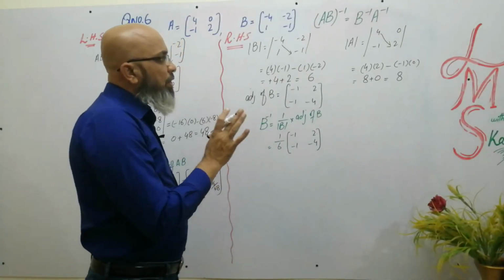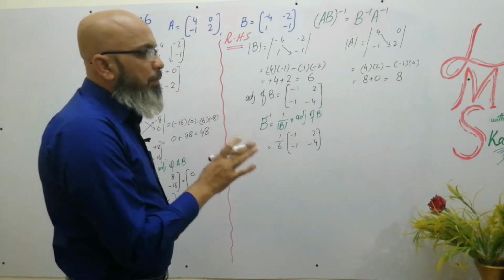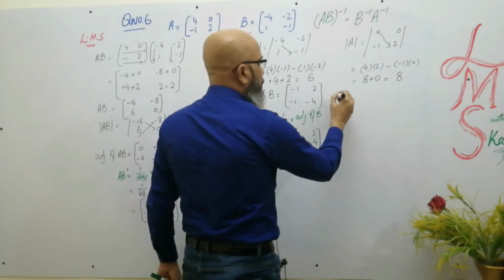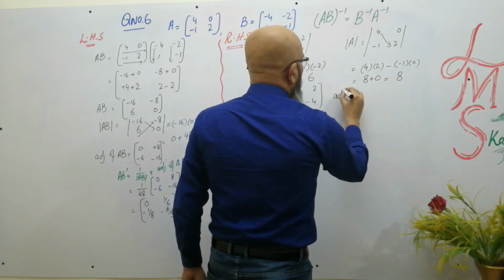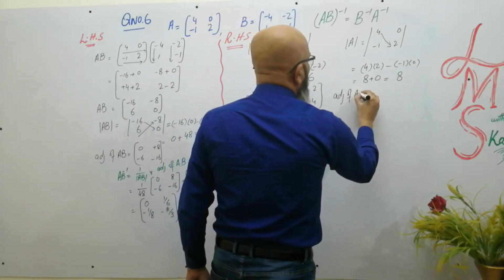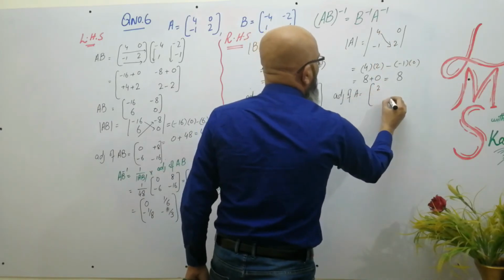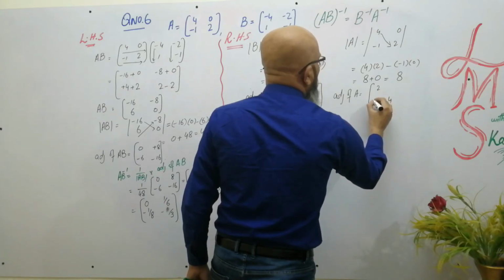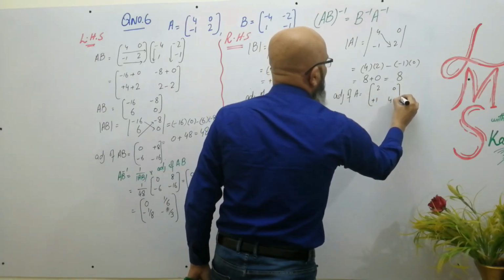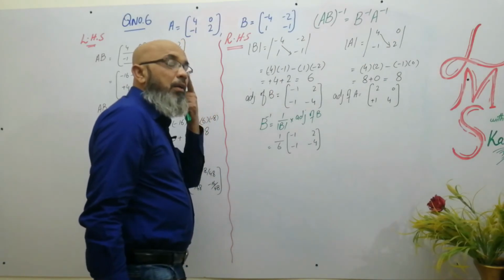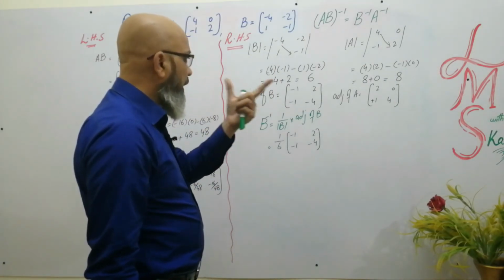It means we can find the multiplicative inverse of A. So next step is adjoint of A. What is adjoint of A? Change the place of 2 and 4 and change the sign of these two diagonal entries.